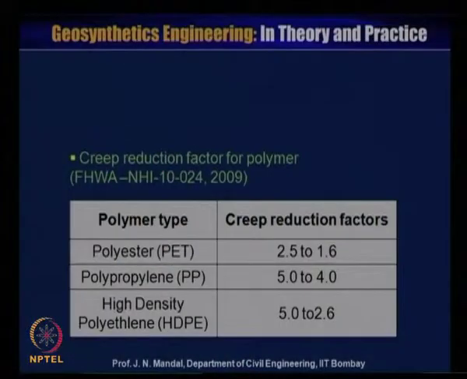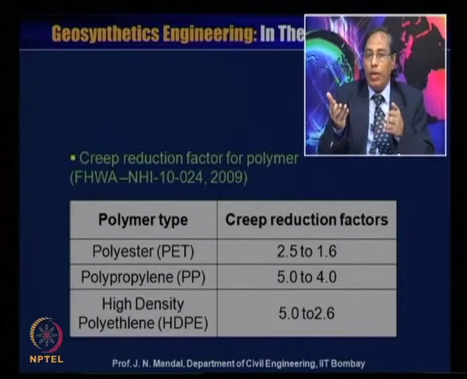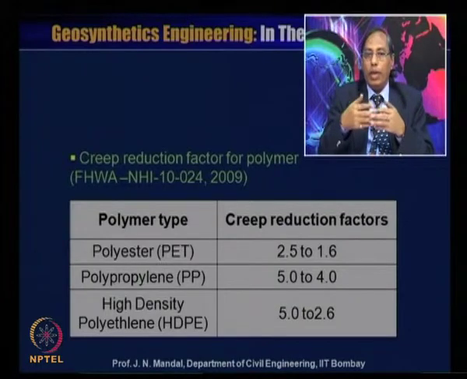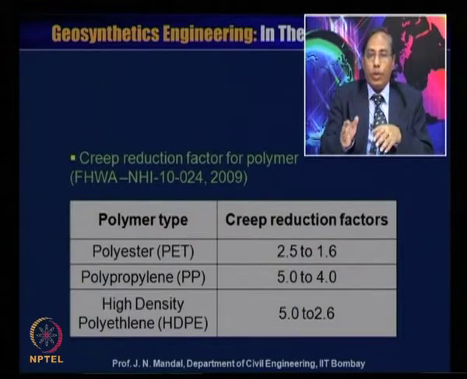On the other hand, if you use the polyester material whose creep reduction factor is less, in that case the allowable tensile strength of the geogrid material will be on the higher side. So that was one of the reasons that sometimes polyester material is better than the polypropylene and high density polyethylene material. But whatever it may be, you have to be very careful for the creep factor and what kind of the material you want to use.